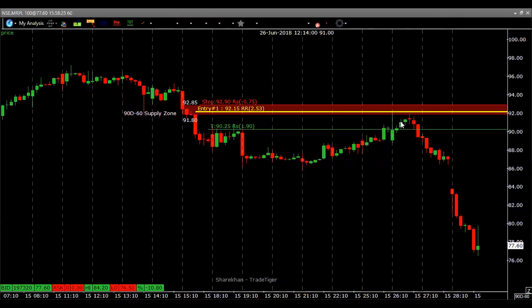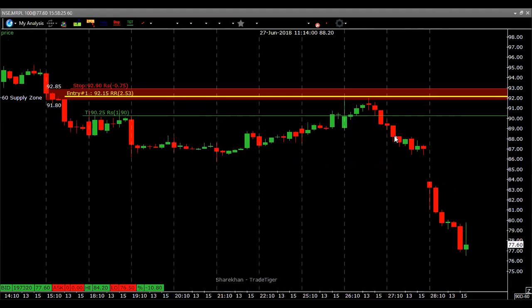Then I can open the chart and see if the zone is still valid, or if there are some changes I need to make to my entry price, or should I skip the trade altogether. All this analysis I do only when prices come very close to my zone and I get a price alert. So probably in another video, I'll talk to you about how to set price alerts.